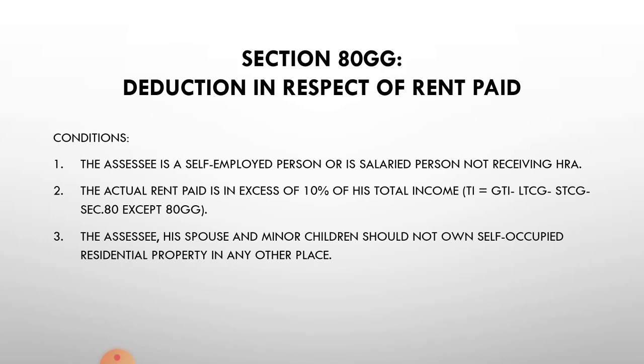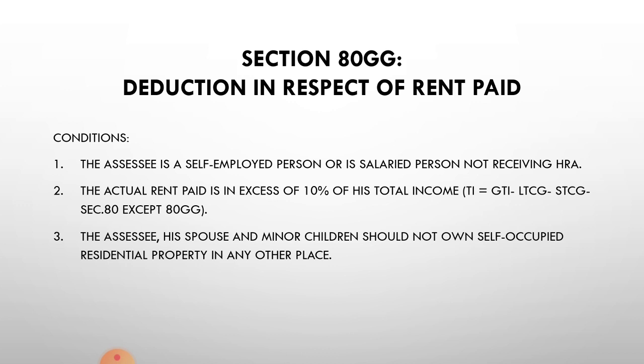A salaried person gets HRA along with his basic salary, but to claim deduction under section 80GG, he should not receive any HRA from his employer. The second condition is the actual rent paid is in excess of 10% of his total income.